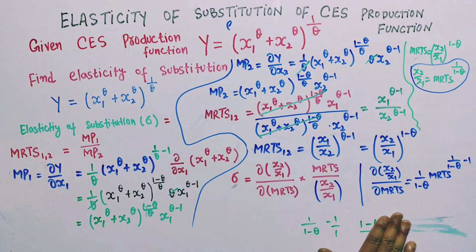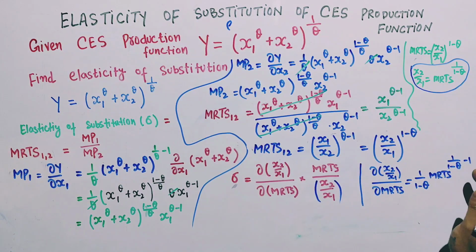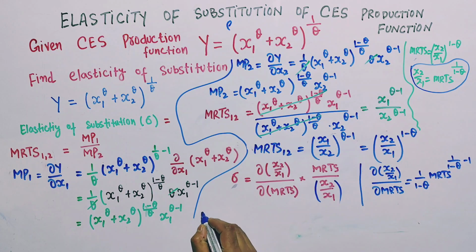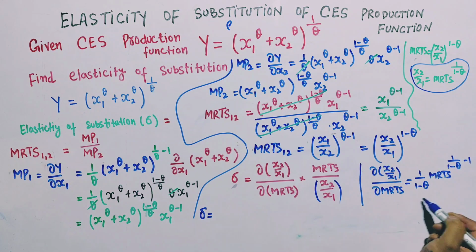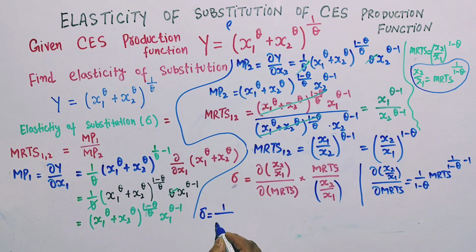So the elasticity of substitution is equal to 1/(1 − θ) times MRTS raised to θ/(1 − θ).